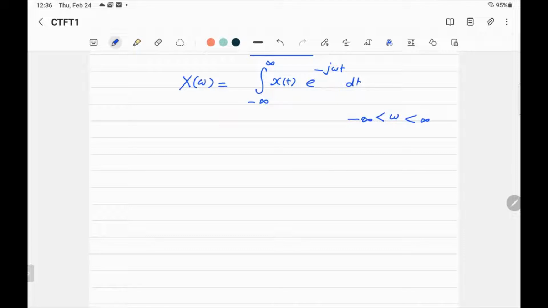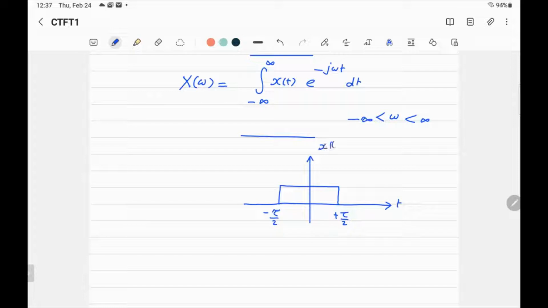So the last example that we did was the rectangular pulse, and this rectangular pulse was like that in general. It's from minus tau over 2 to plus tau over 2 in the time domain.